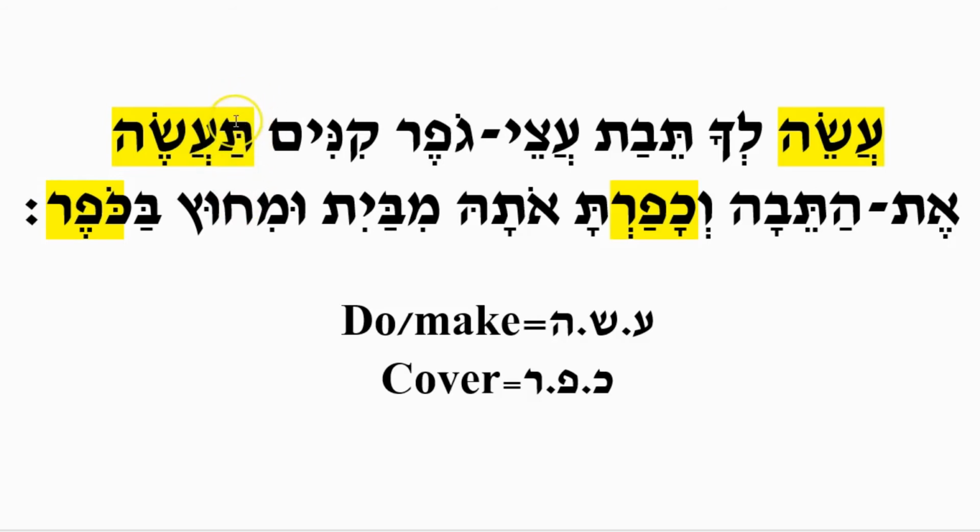So the general rule that you should take upon yourself, you should just sort of acquaint yourself with this pattern, is if it has a prefix, it's typically going to be in the future tense. So ta'aseh means you shall make. So aseh, imperative, make, and ta'aseh, you shall make.